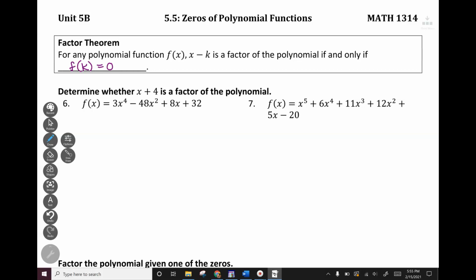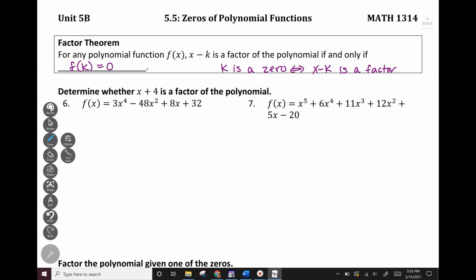Just on the previous page, we were saying, okay, if I divide by x minus k and my remainder is 0, then k must be a 0 of the polynomial. Well, don't we also know that if k is a 0, that implies that x minus k is a factor?